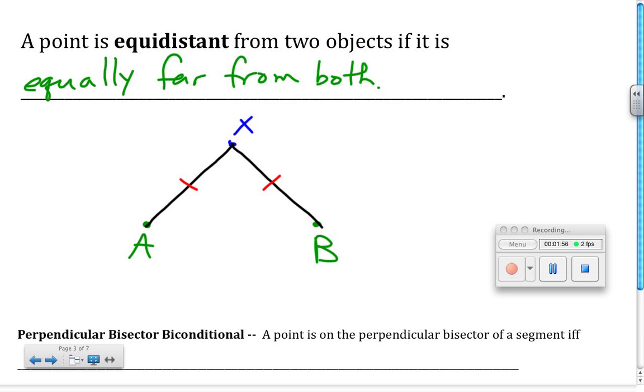Make sense? X is equidistant from the points A and B.